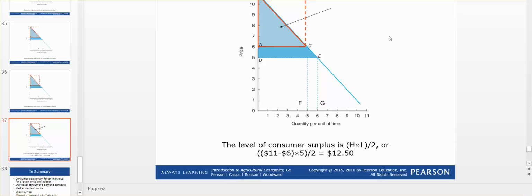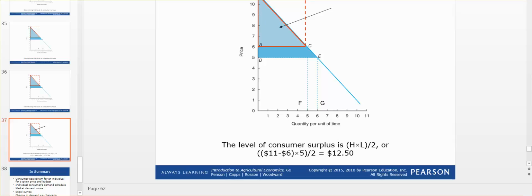Now, it's pretty easy to put that into a formula, taking the height times the width of that area, but dividing it by 2 because we're just doing this blue triangle area. That's our surplus. So our formula is to take the height times the length and then divide it by 2. Our height is the price of $6 all the way up to 11, the amount it gets to before they buy 0.